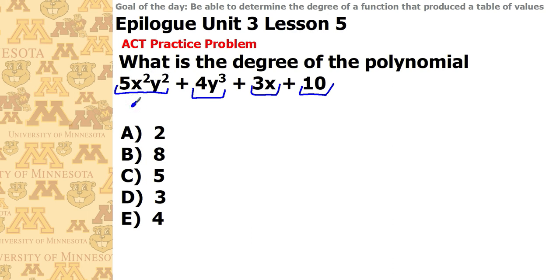So this is actually degree 4. You wouldn't know that, we haven't talked about it until right now, but I wanted you to understand that. We've been doing it with a single letter with an exponent, but if there are multiple letters and multiple exponents in one term, you add the exponents. So this is degree 4.